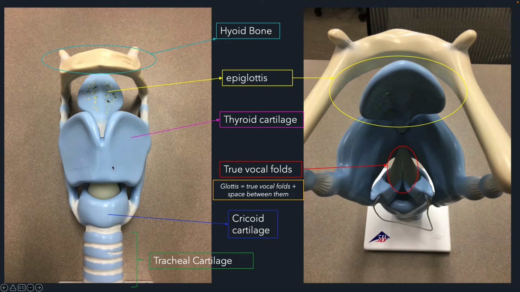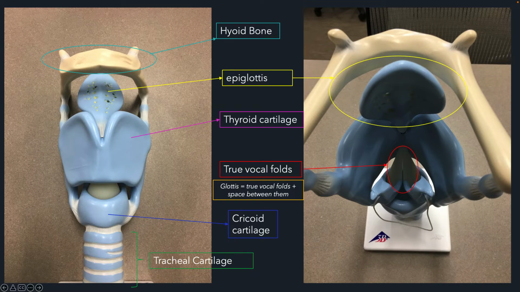Then we have our thyroid cartilage, which our thyroid would be attached to on the outside here. This will be the largest cartilage you need to identify. And the smaller one is the cricoid cartilage below that. So thyroid, cricoid. And then looking at this tubular view, we'll see our true vocal folds, preventing food and stuff from entering into the larynx even further.